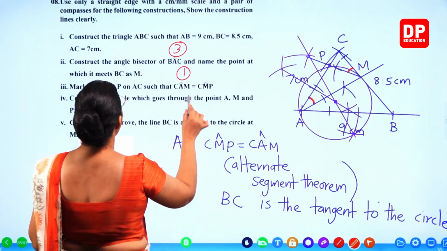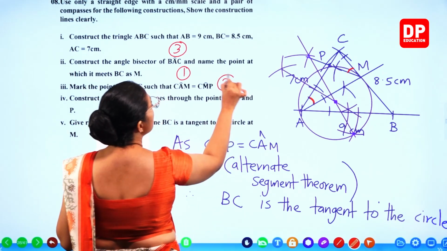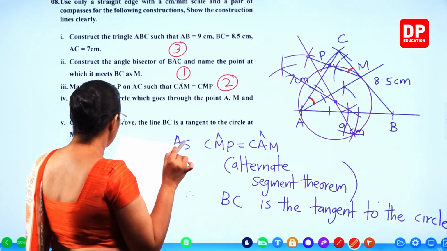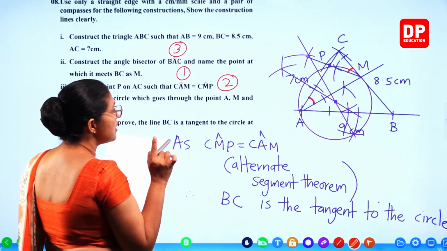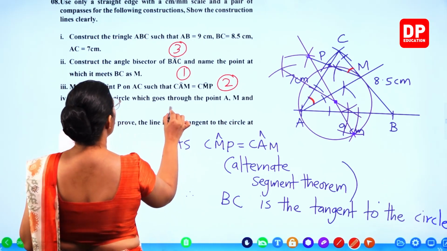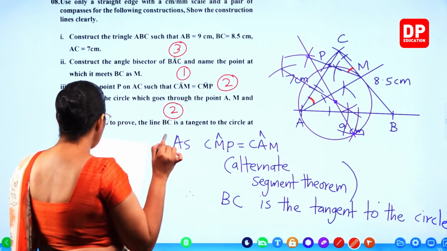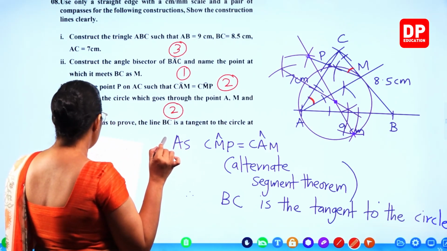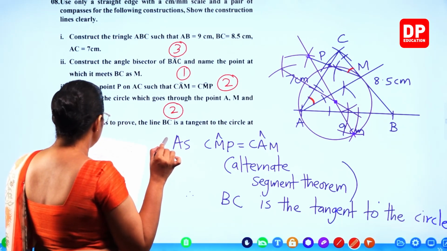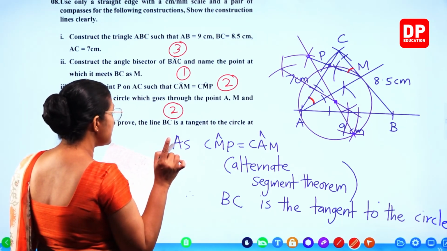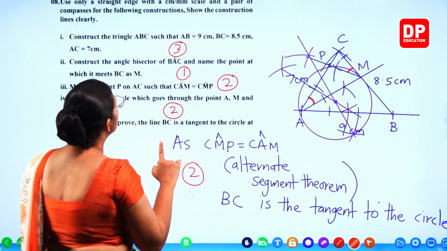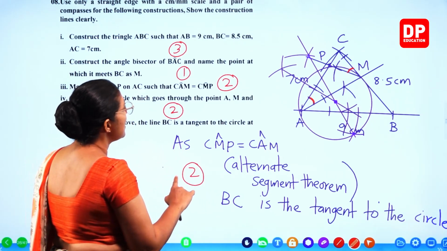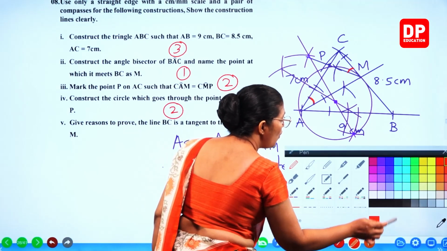And 2 marks for marking the point P. And then constructing the circumcircle, that's 2 marks. And the 5th part, giving reason about the alternate segment theorem, that's 2 marks. So 10 marks for the whole question.